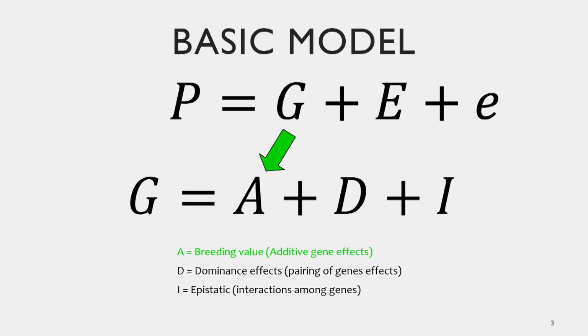I'm going to break it down a little bit more. This G, the genetic part, comes about through really three different genetic components. A, which is additive, that's what we exploit by using EPDs. The D, which is dominance, and the I, which is epistasis, the interaction among genes. Here's why that's important.